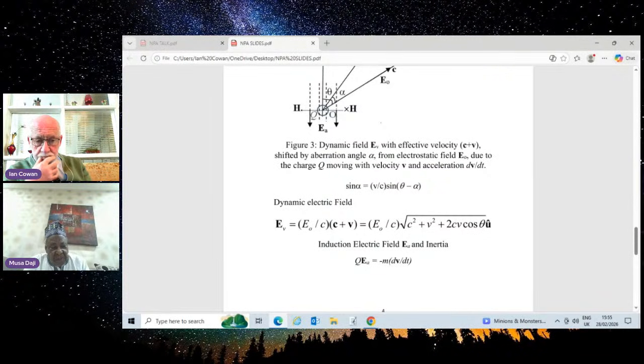Aberration of electric field is hardly mentioned anywhere in physics today, but it is a vital factor in physics.